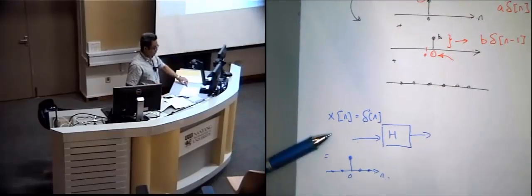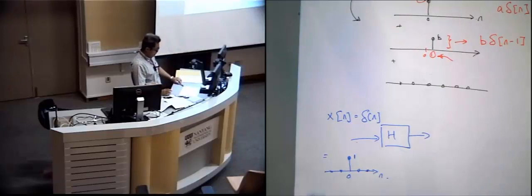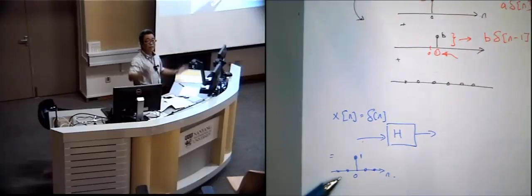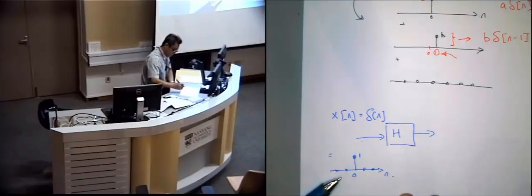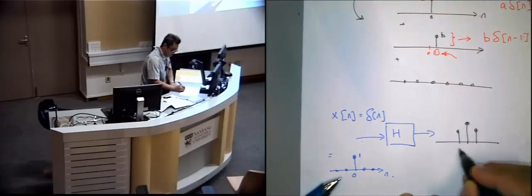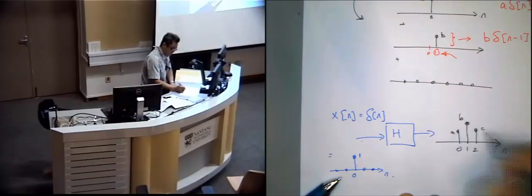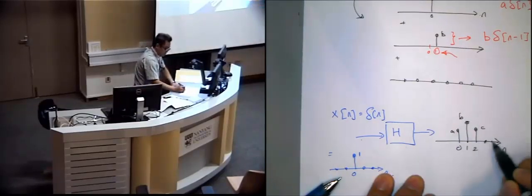So my input is delta n, meaning I am sending 1 at time index n equals 0 and nothing else. I send it to my system, and my system will output something. For example, it will output this.